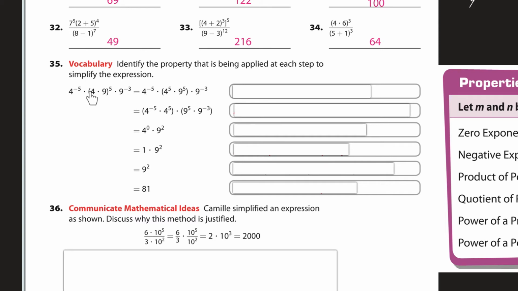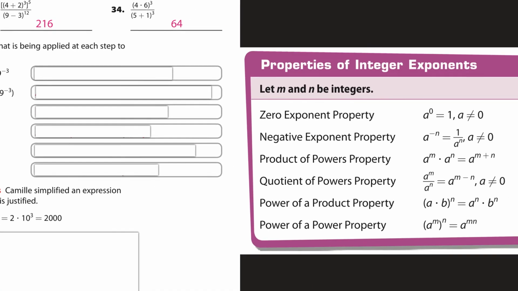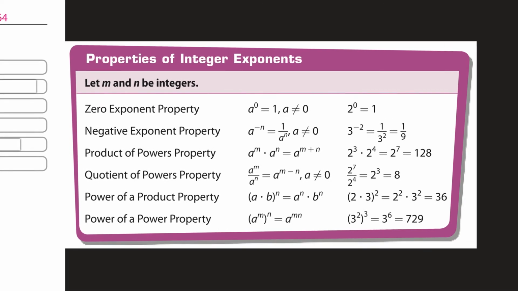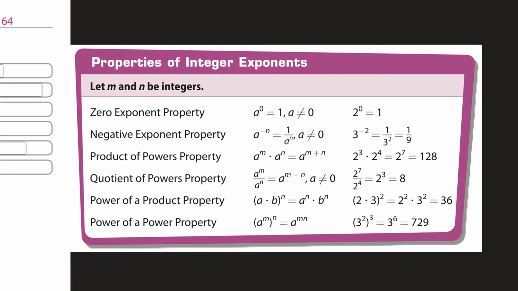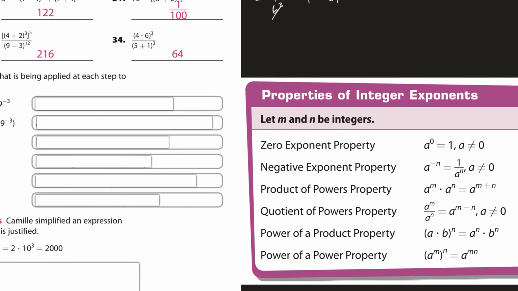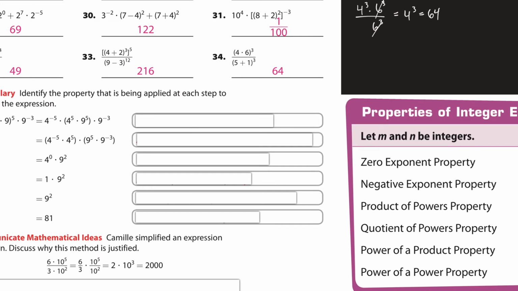Oh, look at that. That changed. 4 times 9 to the 5th is 4 to the 5th, 9 to the 5th. That looks like they used this one. They did this right here. It went from this to this. So that's the power of a product property. And so that's the first one.